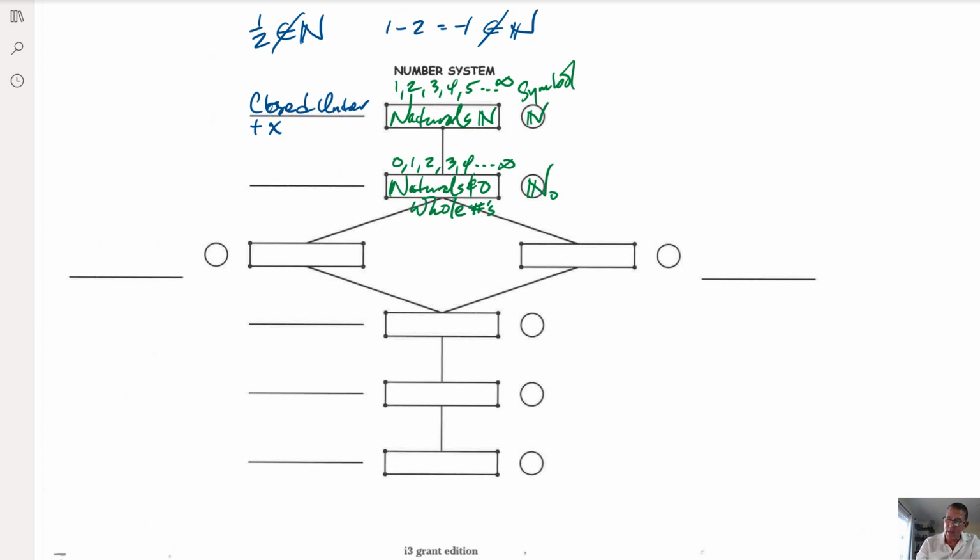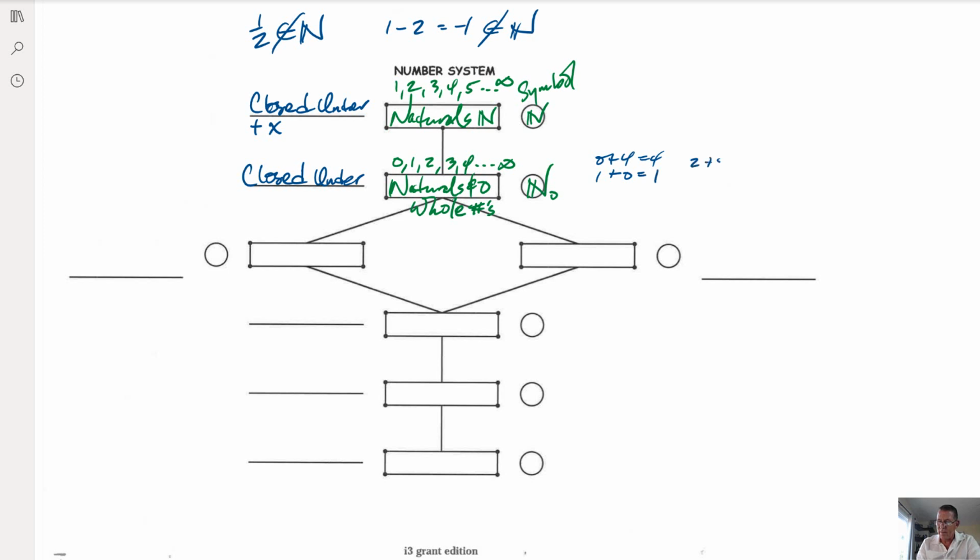The question is, what operations is this set closed under when you throw 0 in the mix? If you take a whole number, even 0, and add it to any other number, you get that number. 0 plus 4 is 4. 1 plus 0 is 1.